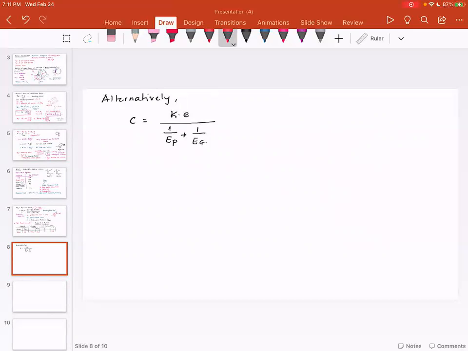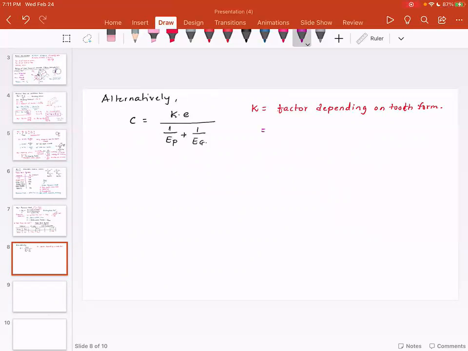So K, again, is the factor depending on the tooth form, and this is also related to the type of cutter.